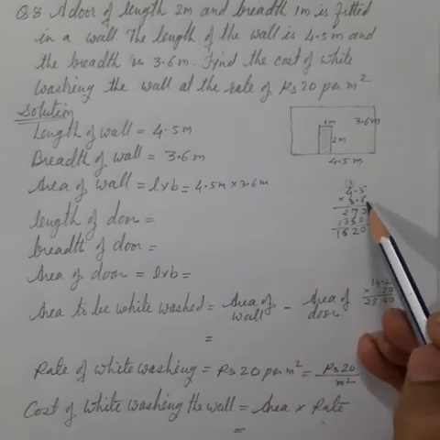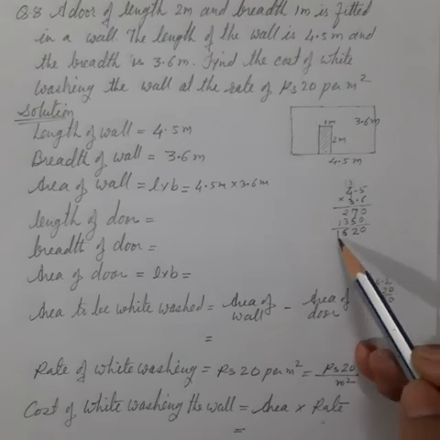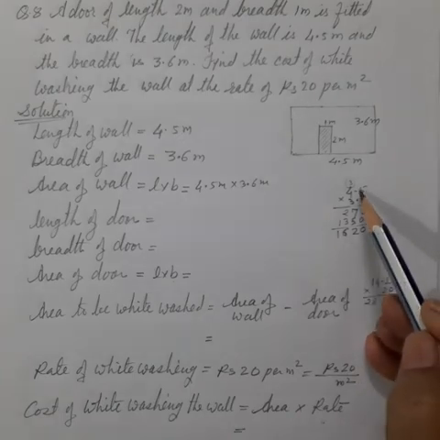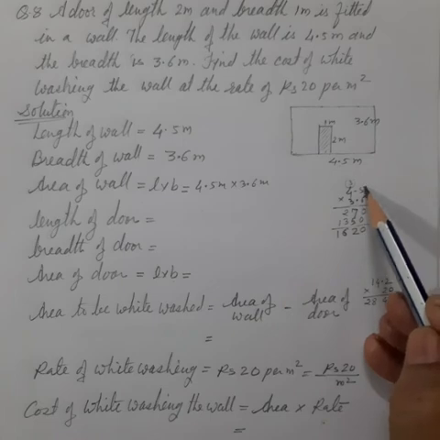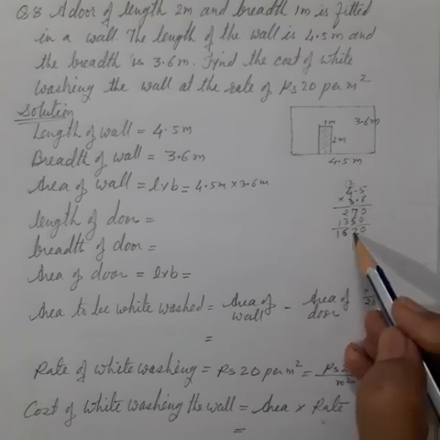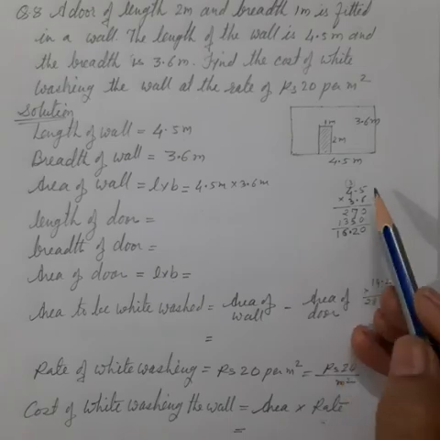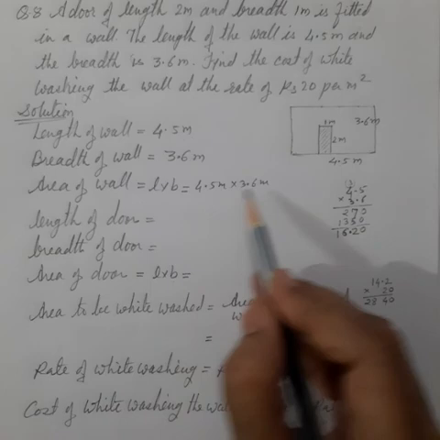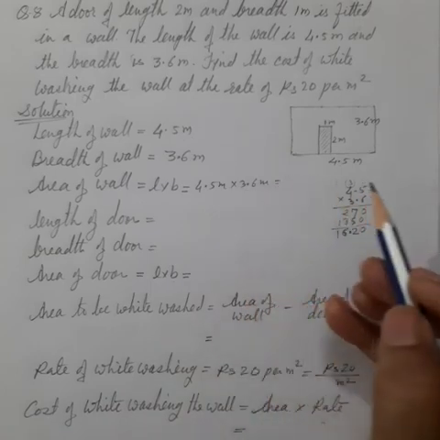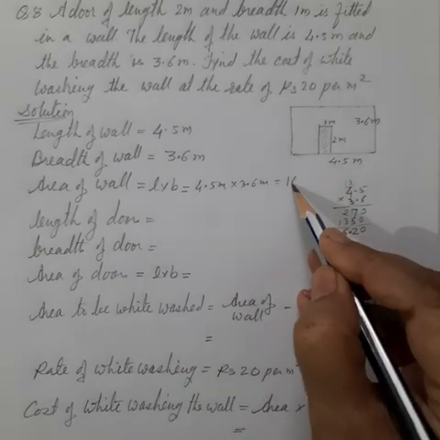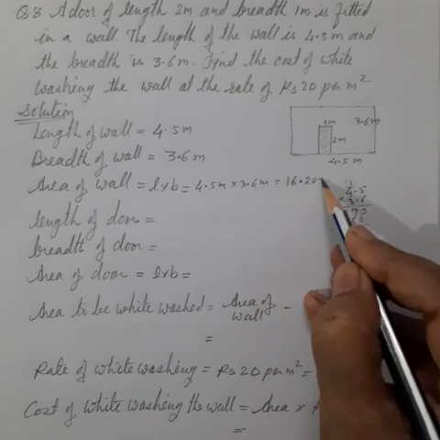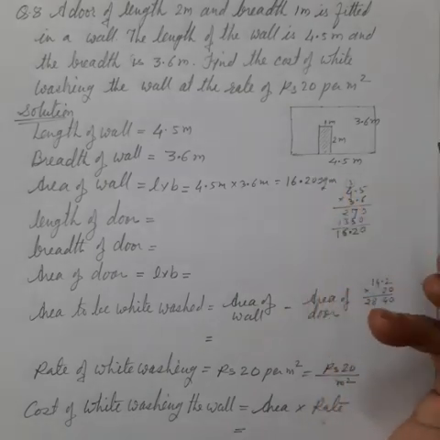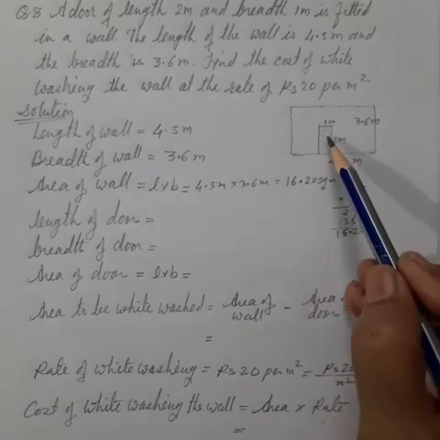Multiply 45 into 36, we get 1620. After the decimal point there are 2 digits, so we put the point before the last 2 digits, because in the answer also there will be 2 digits. The unit will be meter into meter, square meter. So it is 16.20 square meter.